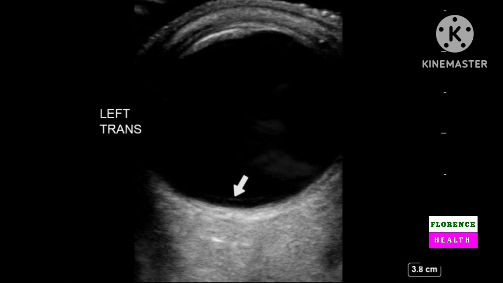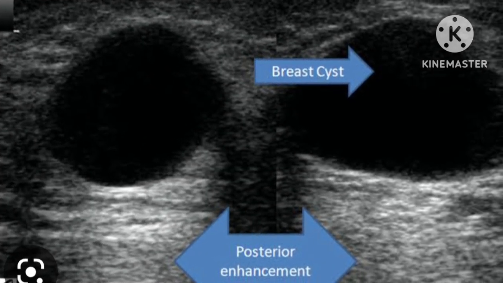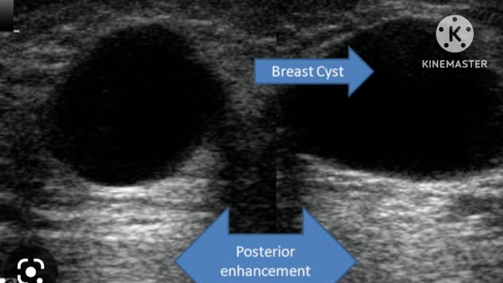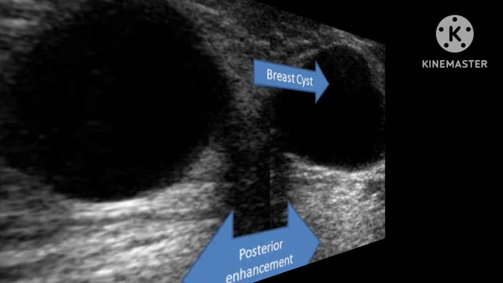It is posterior enhancement. If posterior enhancement is present, there must be a cyst containing clear fluid just above it. In other words, if a cyst containing clear fluid is present, there must be posterior enhancement just posterior to it.